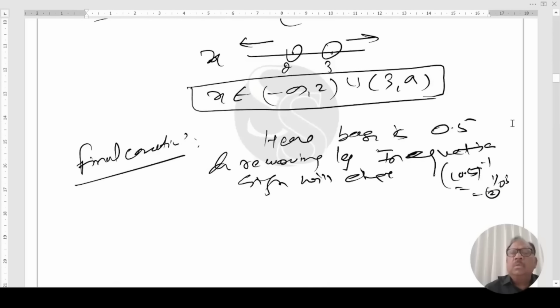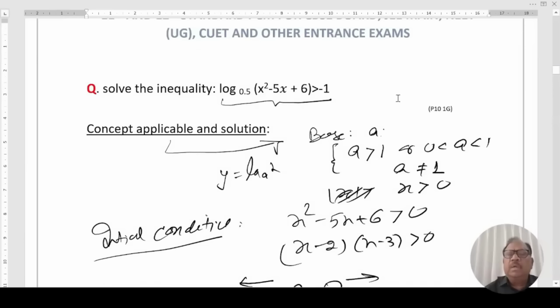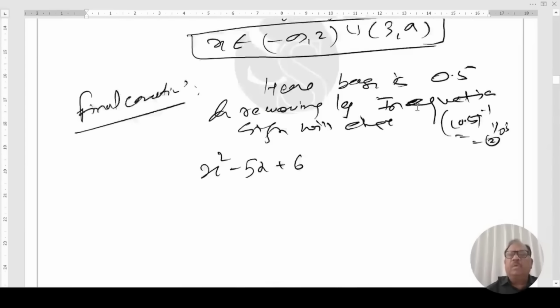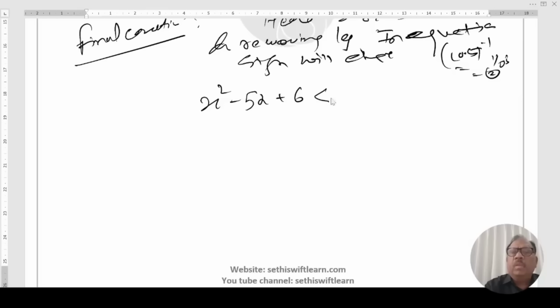Now, removing log, x square minus 5x plus 6, initially it was greater than minus 1, it will become less than 0.5 to the power minus 1, which is 1 upon 0.5, less than 2.